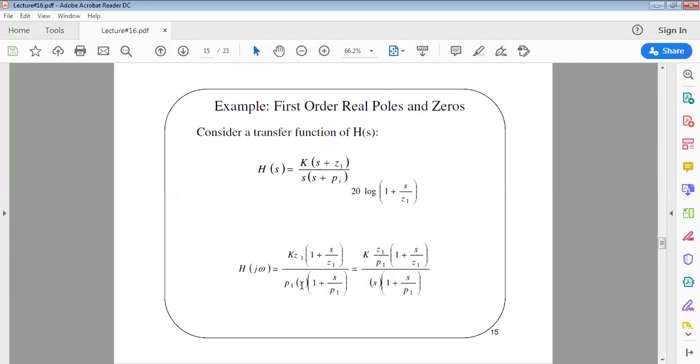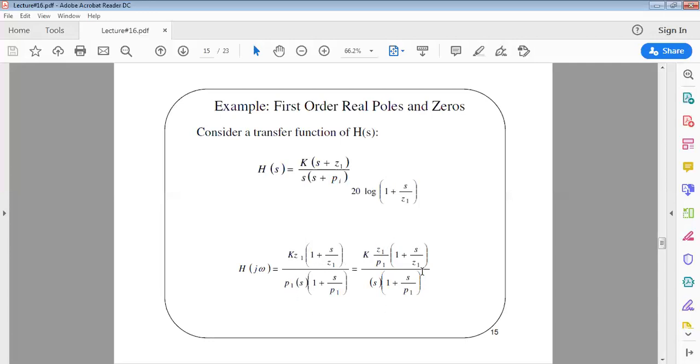We end up with a new constant, which is K z1 divided by p1, and the rest follows: (1 plus s over z1), s, and (1 plus s over p1). This is the first step, which is to write H(s) or H(j omega) in a correct form.